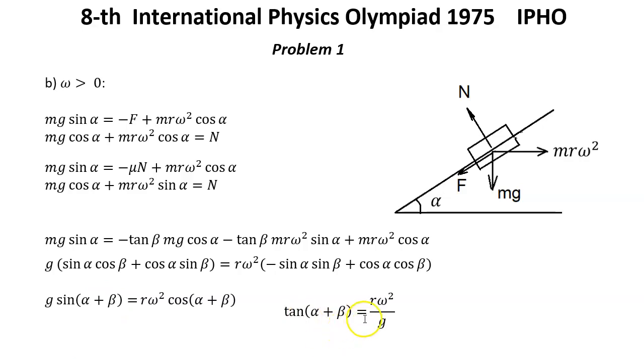Because this is the expression for the critical angle, it means that if tangent of alpha plus beta exceeds this expression, our body is not moving anywhere. But if this tangent becomes less than this expression, the body starts to move up and right. So that was a full solution for problem number 1.